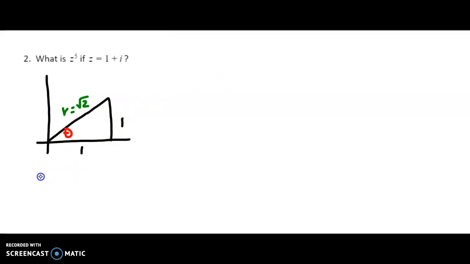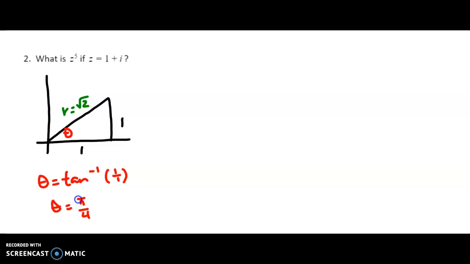Then we need to figure out theta, right? And so theta, we know that, well, these are the same, opposite over adjacent, so I'm going to use tangent, right? And when it's the same, we know that's 45 degrees, or we know that's pi fourths. Okay, we're always going to use radians here, all right?